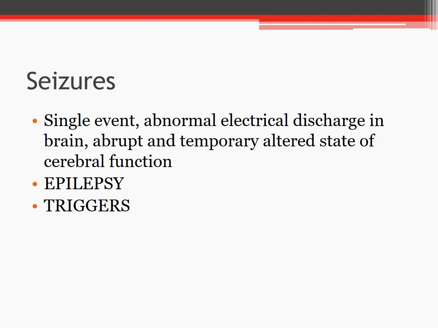I mean, it goes on and on as far as all the many types of seizures. There does seem to be a genetic link that runs in certain families, suggesting that there is a genetic tendency for seizures.